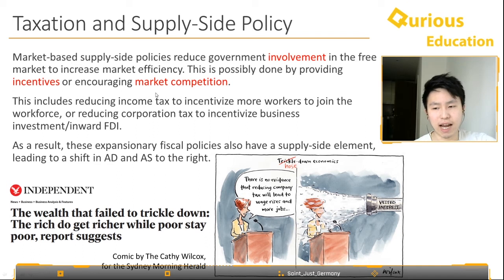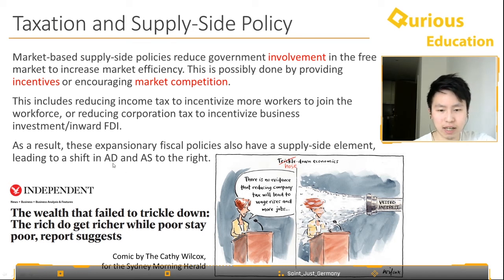Because if they've got more machines and if they're hiring more people, then as a result, this would grow the economy and increase aggregate supply or total supply within the economy. So in a sense, it's not just increasing the level of demand in the economy by reducing taxes in the short run, but also it's helping to grow the economy in the long run as a supply side policy.